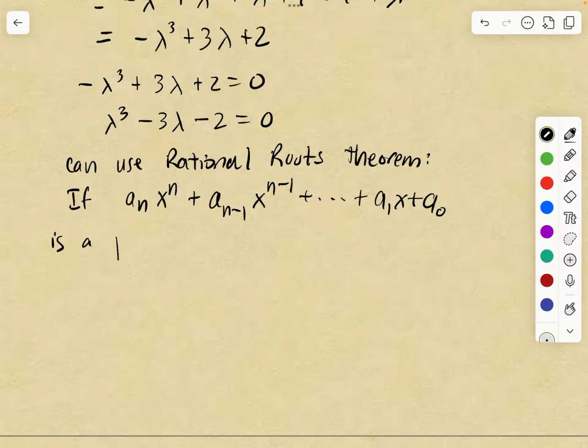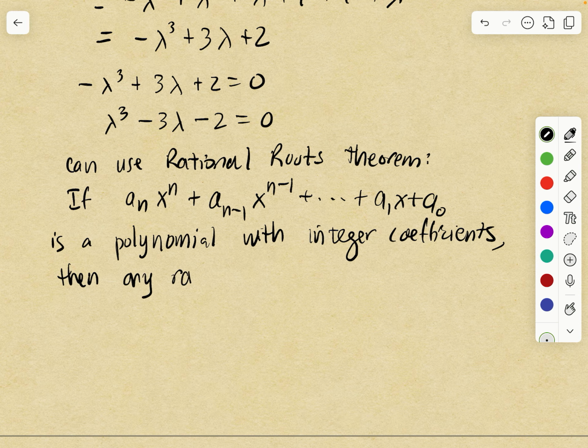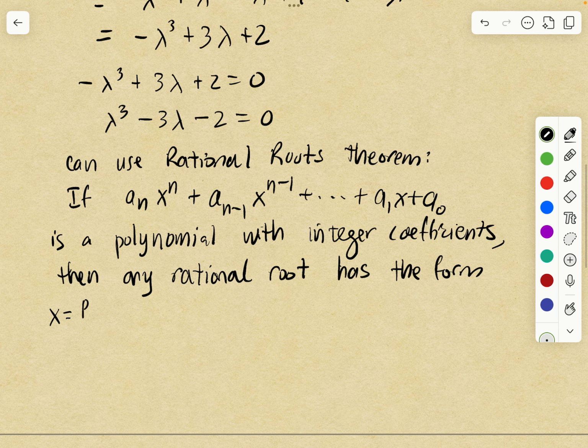with integer coefficients, in other words the a_i's are all integers, then any rational root, meaning a fraction, has the form x equals p over q.